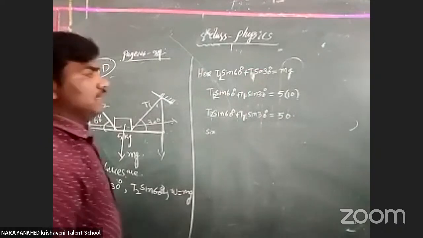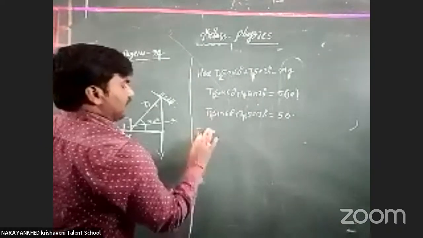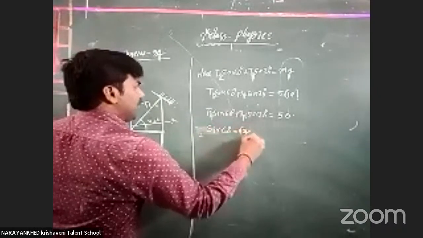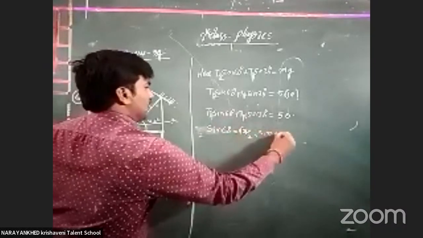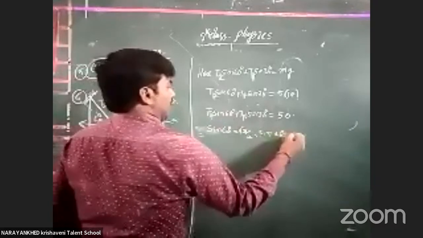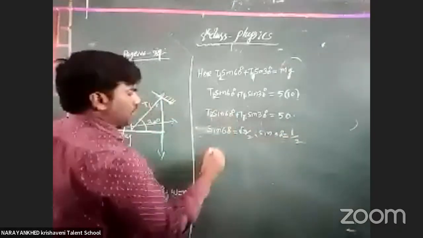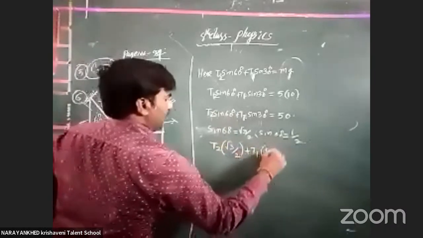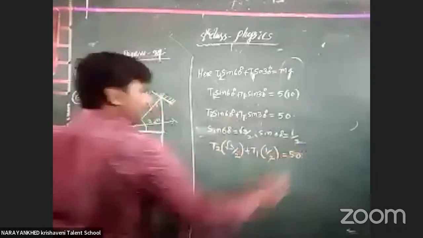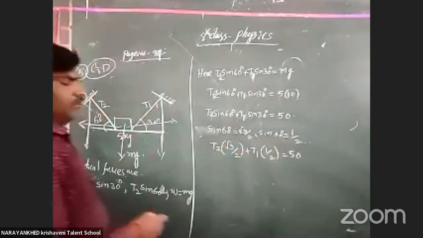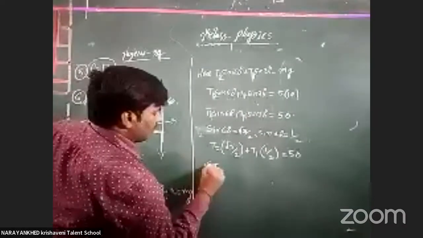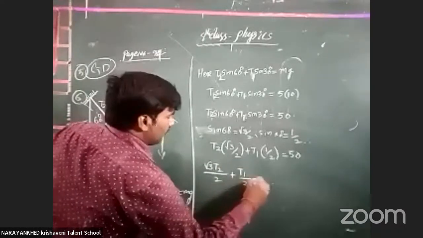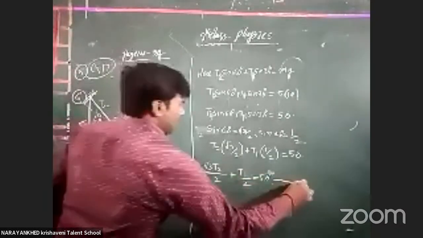T1 sin 30 and T2 sin 60, where sin 60 is root 3 by 2 and sin 30 is 1 by 2. Now substitute here: T2 into root 3 by 2 plus T1 into 1 by 2 is equal to 50. Got it or not? Now this is written as T2 root 3 by 2 plus T1 by 2 is equal to 50. That is equation 1.